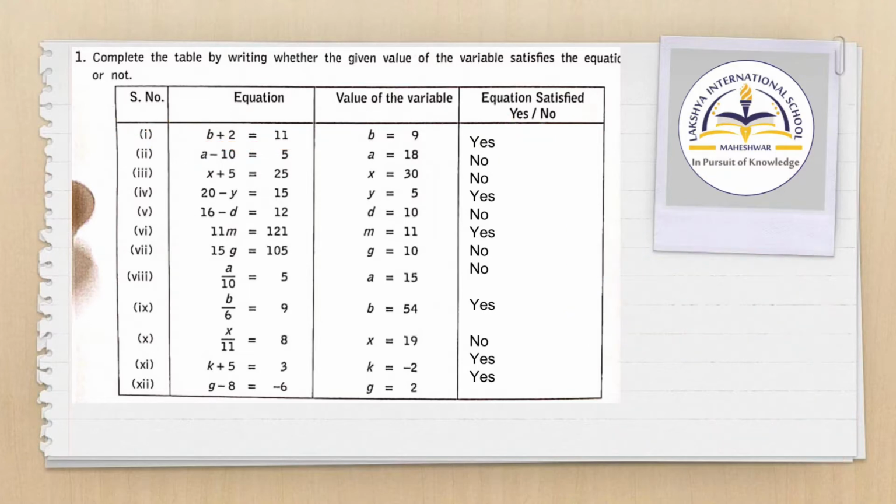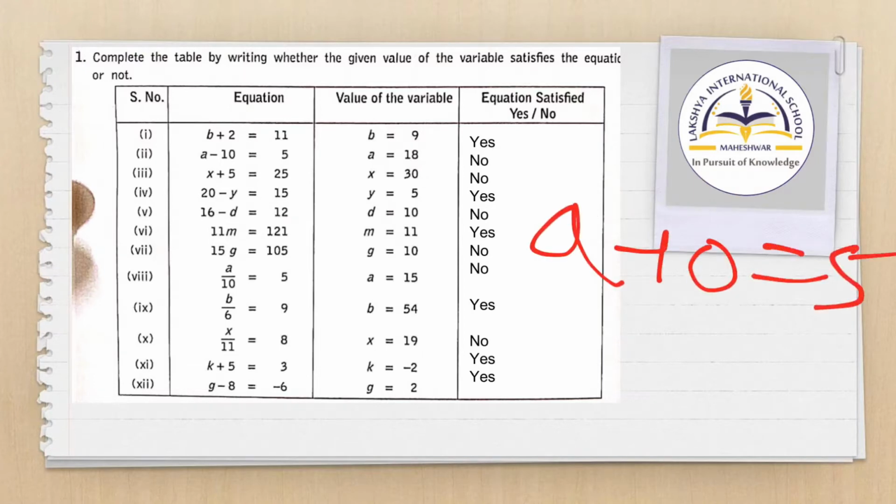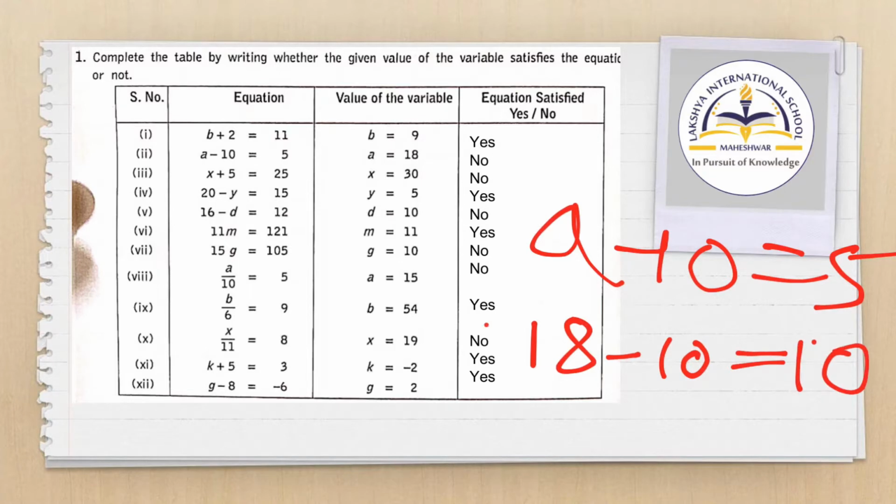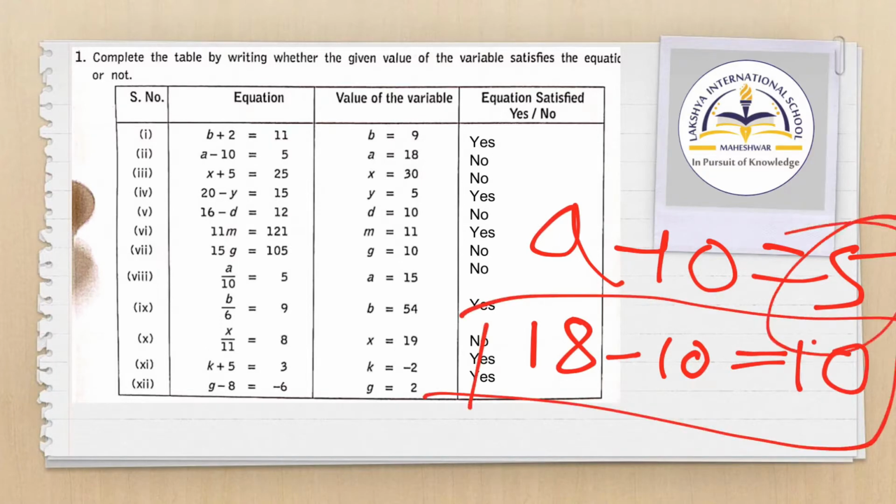Now second one, a minus 10 equals 5. The value of a given here is 18. 18 minus 10 equals 8, but here it is given 5.